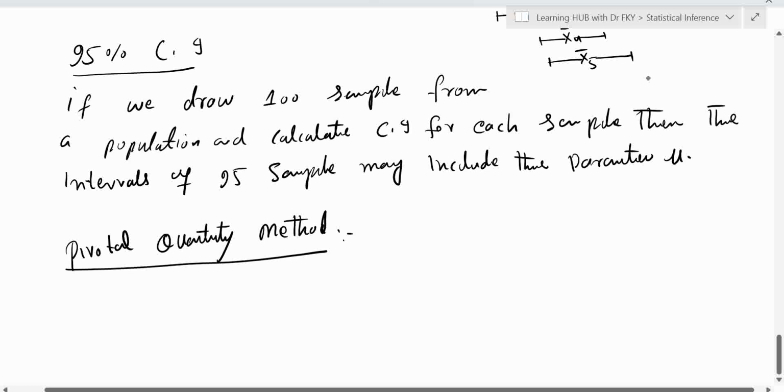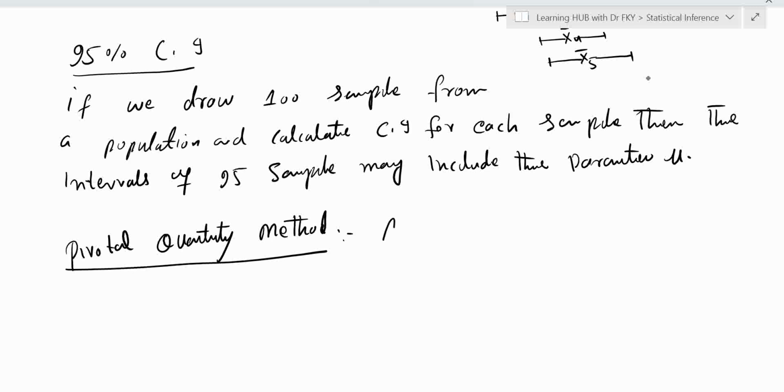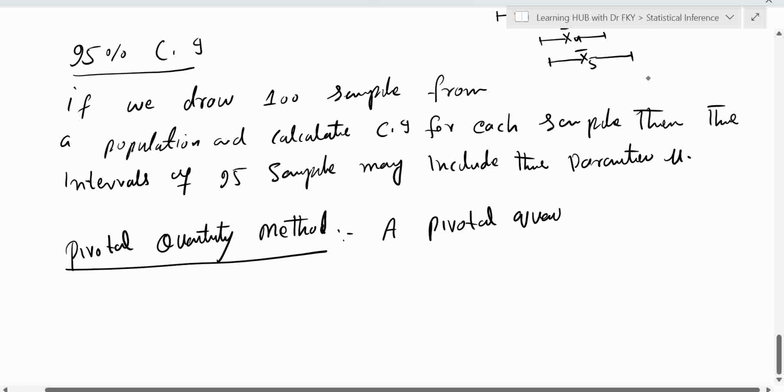What is a pivotal quantity? A pivotal quantity is a function that satisfies the following conditions.